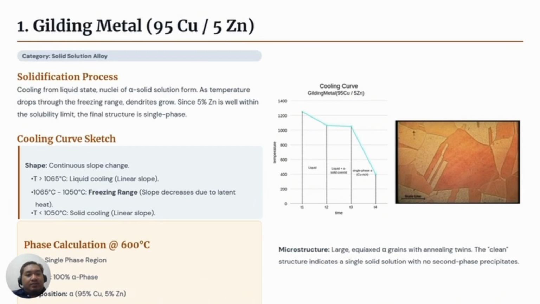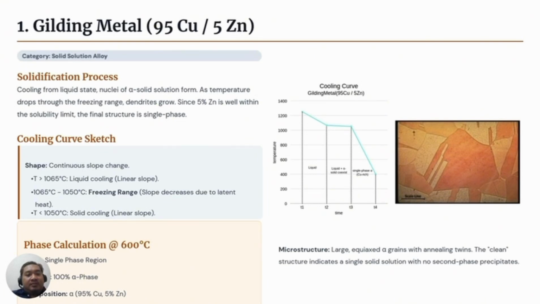If you look at the cooling curve, you will notice it is not a flat line during freezing. Between 1065 degrees Celsius and 1050 degrees Celsius, you will see a slope change rather than a thermal arrest.